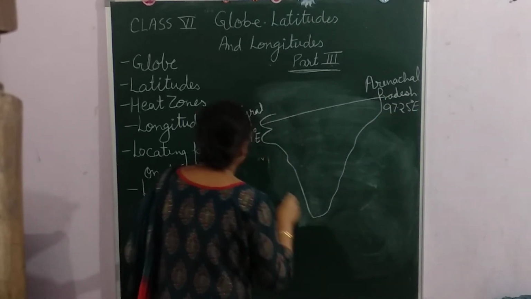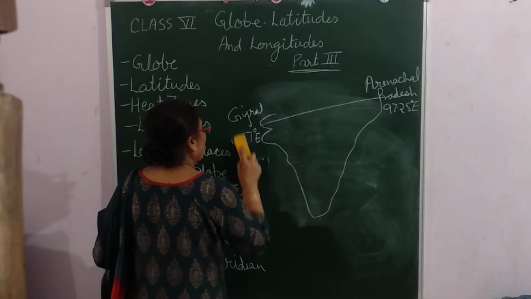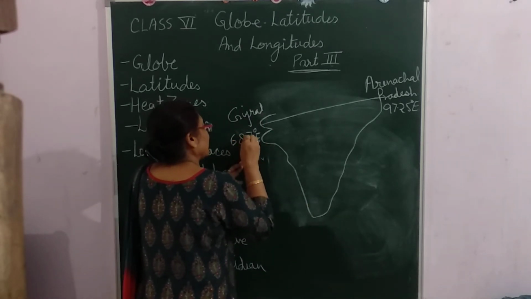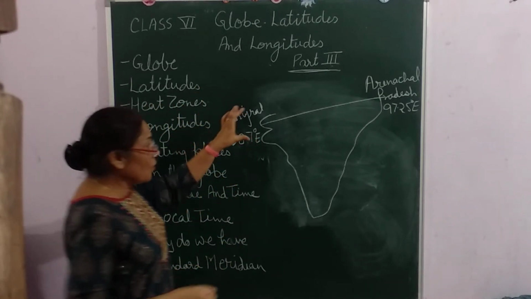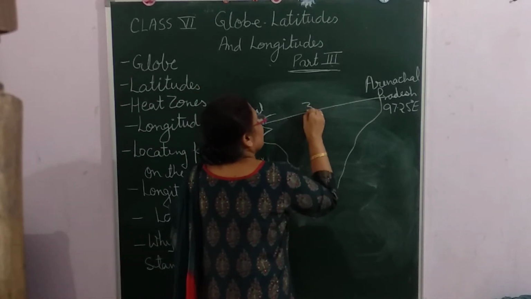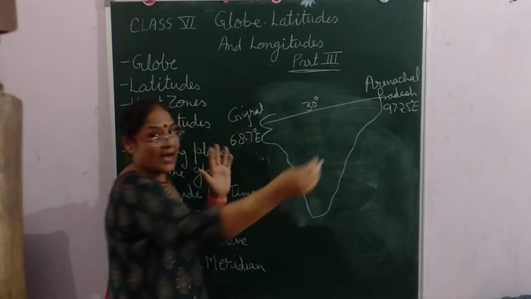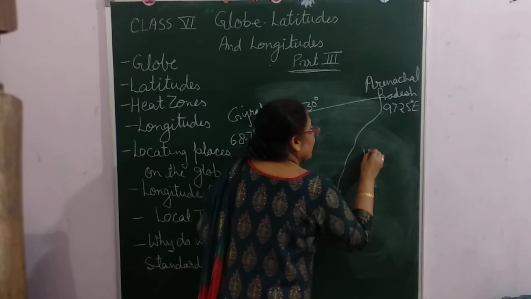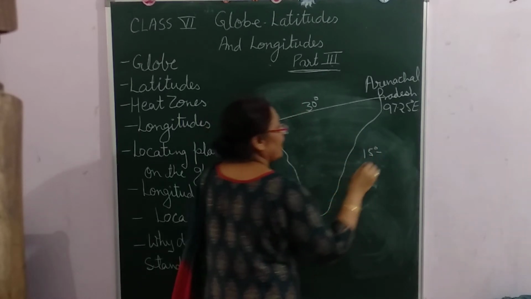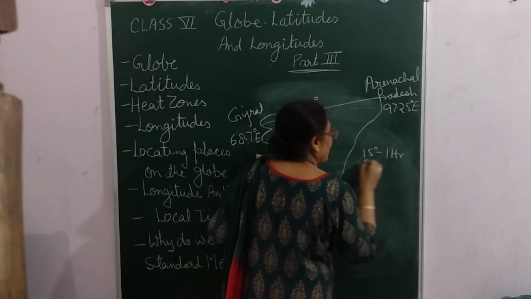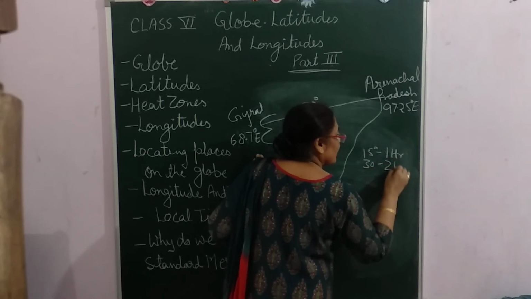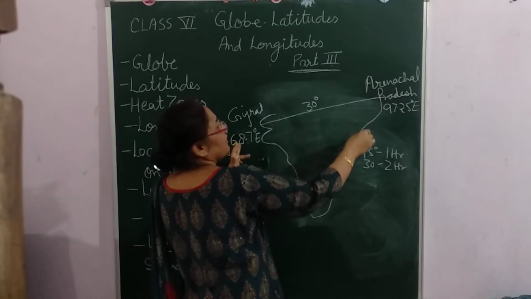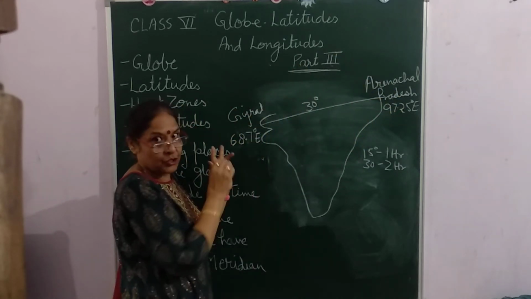Clear? Almost 30 degrees of meridians we have in India. It means 15 degrees is 1 hour and 30 degrees is 2 hours. It means there is a 2 hour difference between Arunachal Pradesh and Gujarat.